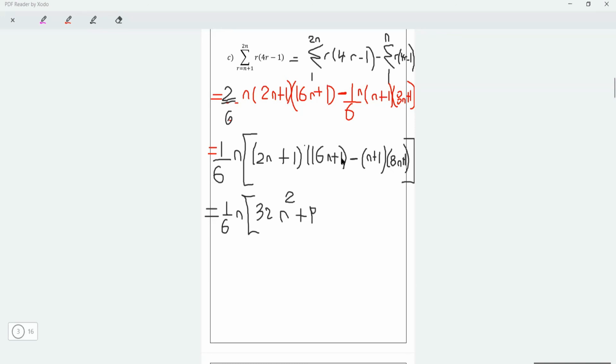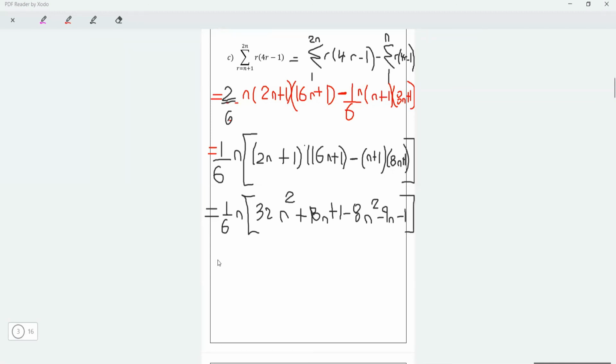And then 1 times 1 is just 1, so we get plus 1 minus, now n times 8n, that's minus 8n squared. Then n times 1 plus 8n times 1, that's minus 9n. And then 1 times 1 is 1, then the minus makes it minus 1.